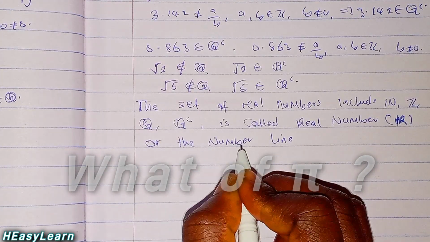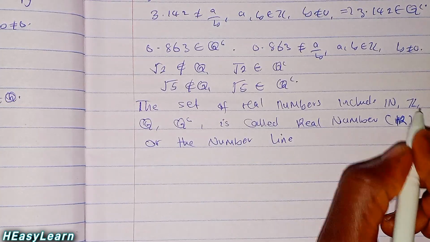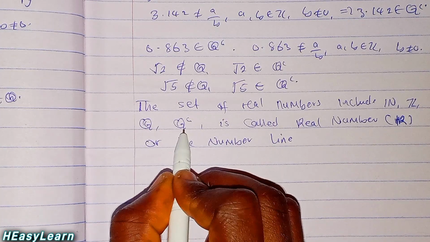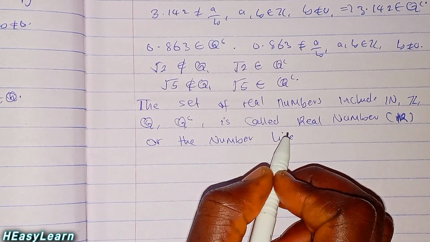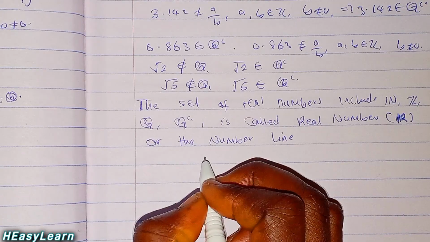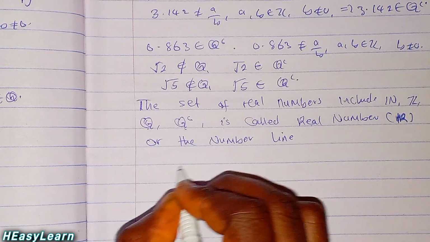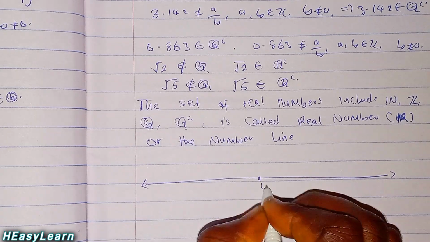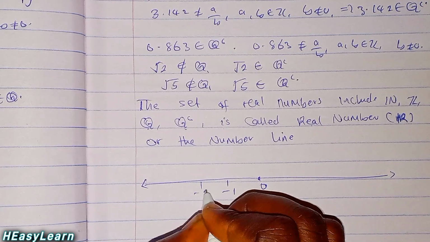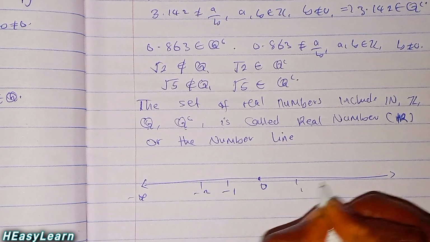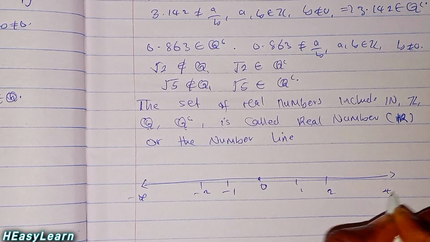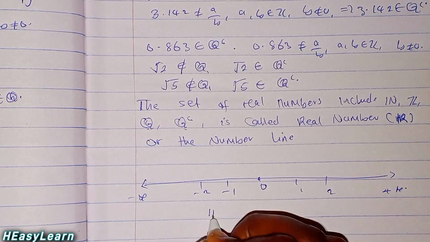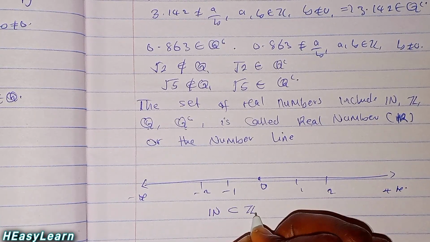The set of real numbers, which include natural numbers, integers, rational numbers, and irrational numbers, is called the real number line. That is, these are the numbers that are represented in number line: -1, -2 to minus infinity, 1, 2 to positive infinity. Natural numbers is inside set of integers.